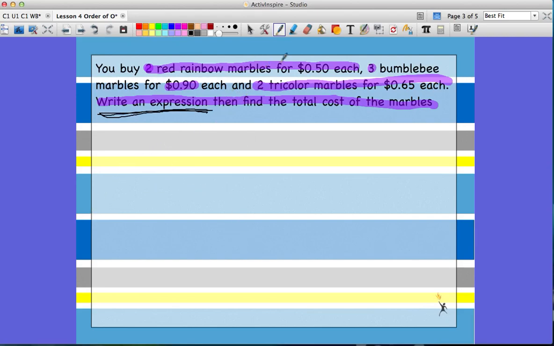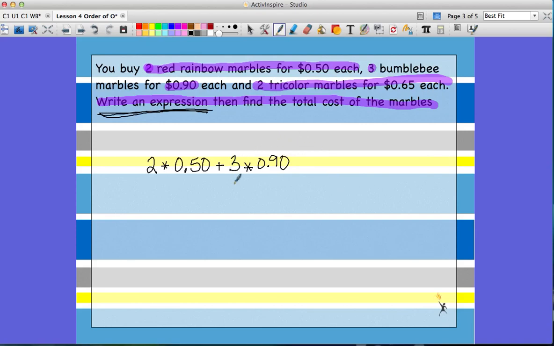All right, so we know that if we have 2 red rainbow marbles for 50 cents each, we have to take the 2 marbles that we're purchasing and multiply that by the 50 cents. Remember, we have to write it as 50 cents each. Okay, and then I would have to add to that the 3 bumblebee marbles that I'm buying for 90 cents each.